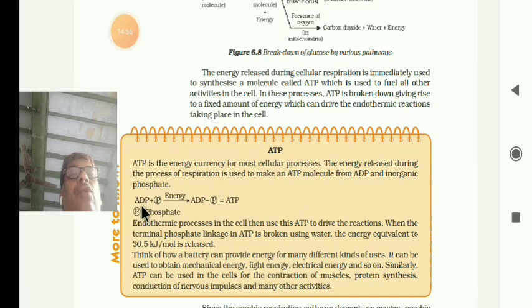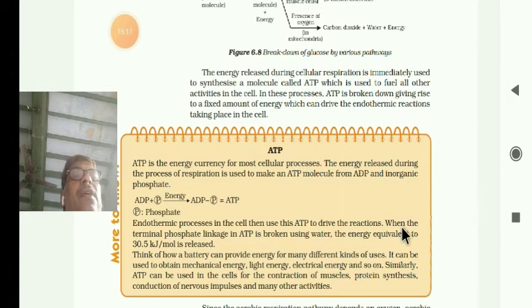Clear, students? The endothermic processes in the cell then use this ATP to drive the reactions.